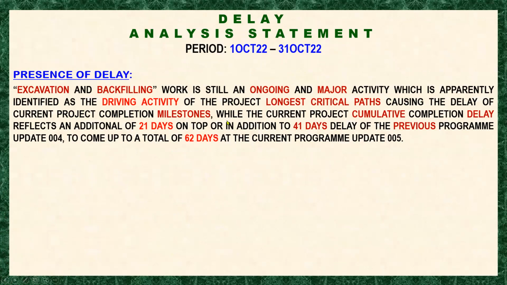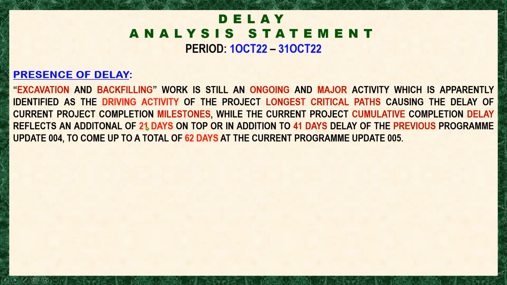Okay. So the subject here, the excavation and backfilling, drives the longest critical path to cause the completion milestone to slip. While the current project cumulative completion delay reflects an additional 21 days on top of the 41 days delay of the previous program 004.